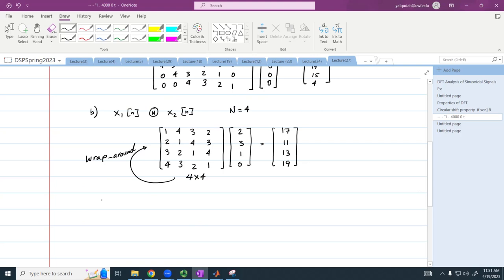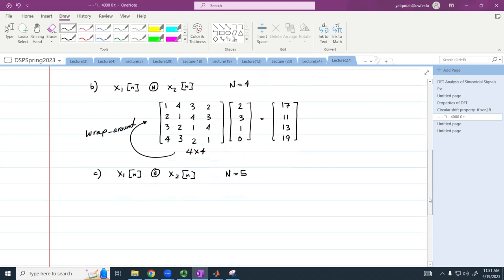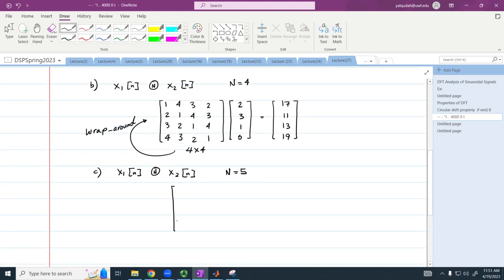Let's do it with n equal to 5. Very similar. We establish a 5 by 5 matrix: 1, 2, 3, 4, 0; 0, 1, 2, 3, 4; 4, 0, 1, 2, 3; 3, 4, 0, 1, 2; 2, 3, 4, 0, 1.